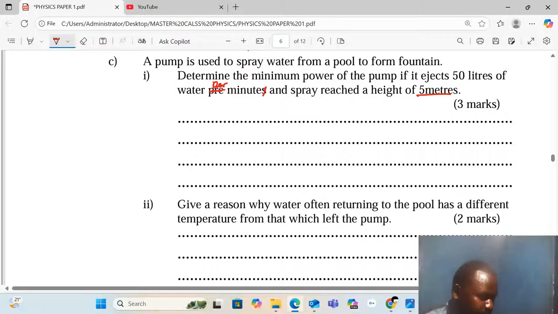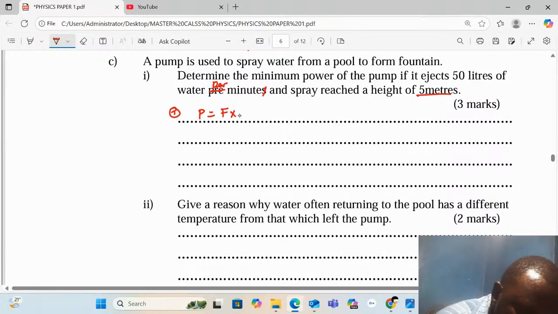Option one, one can say that power is given by force times velocity. But because we are having distance and time, then you can say force times distance over time.